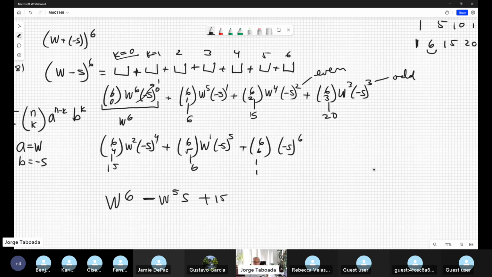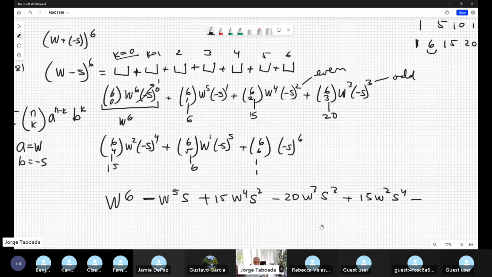Plus 15 W4 S squared is positive because it's even. Plus 20 W3 S cubed, oh, but this is negative. Plus 15 again, W squared S to the 4th power, positive.